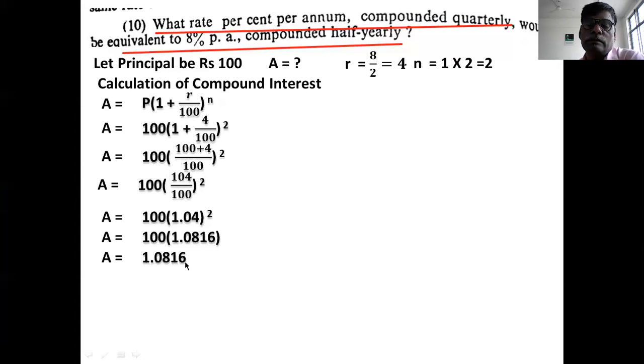1.0816 is the answer. This is the exact amount for 1 year.